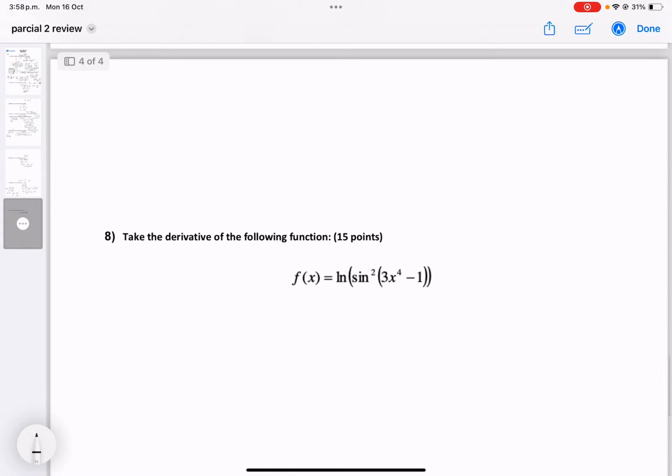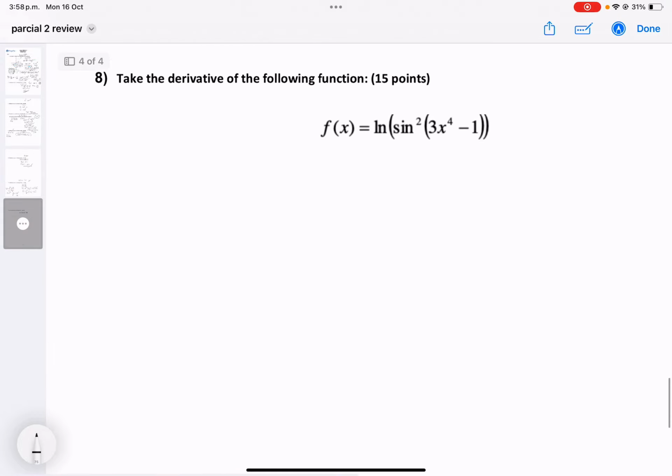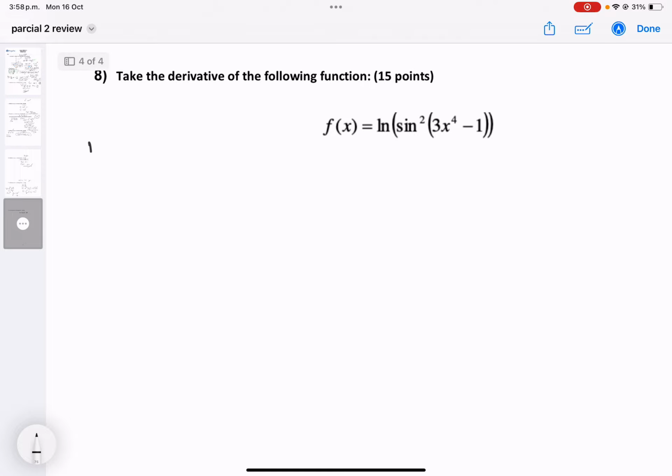And then for the last one, take the derivative of the following function. You have a chain rule over a chain rule over a chain rule. So this one's tricky, but it's not that difficult. You need to remember the formulas for the derivative of the logarithm, for the sine, and yeah, pretty much that. So remember, whenever you have the natural logarithm of u, its derivative is 1 over u times u prime. So I will do that.